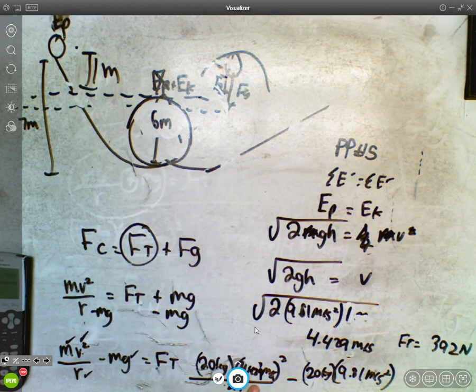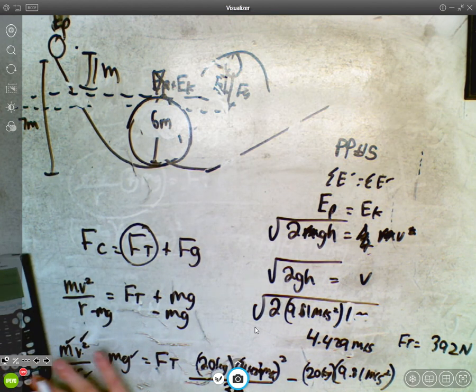So that means that this will change. In this equation here, the mass stays the same. The radius is different. It's now a 3 meter radius. And these guys stay the same. So almost everything's the same.